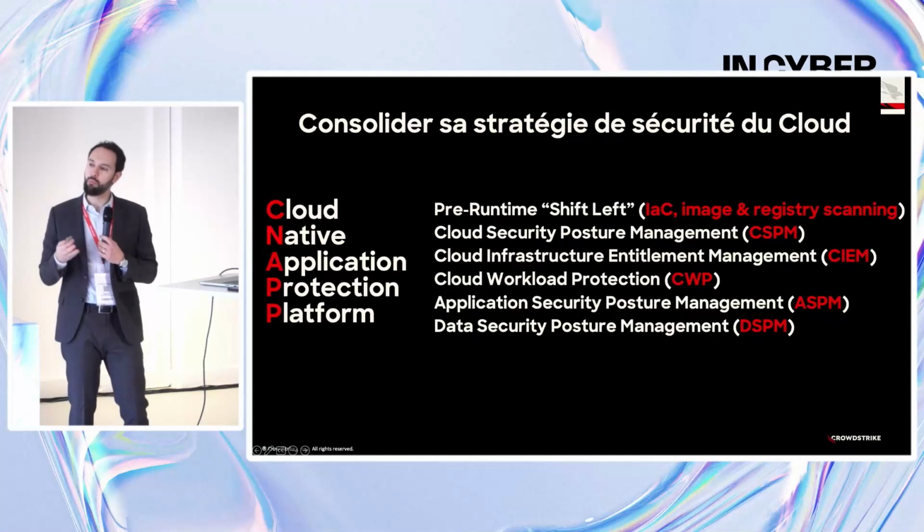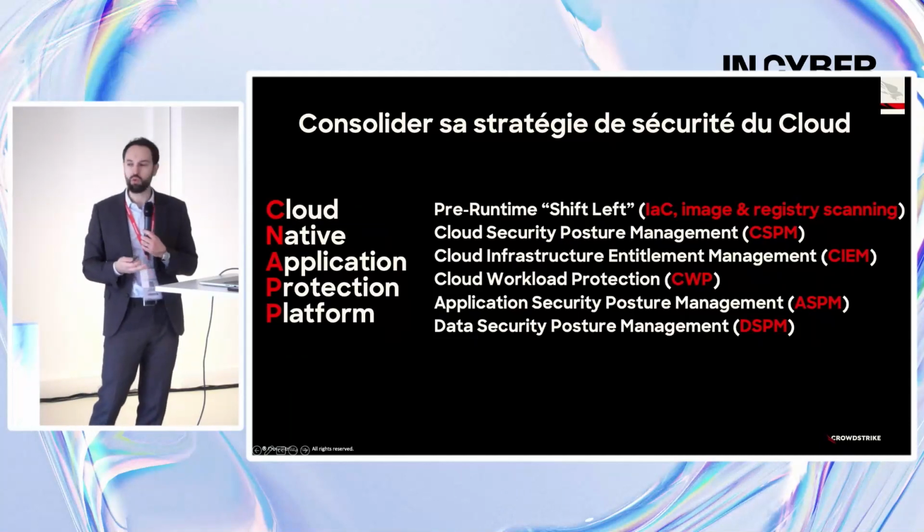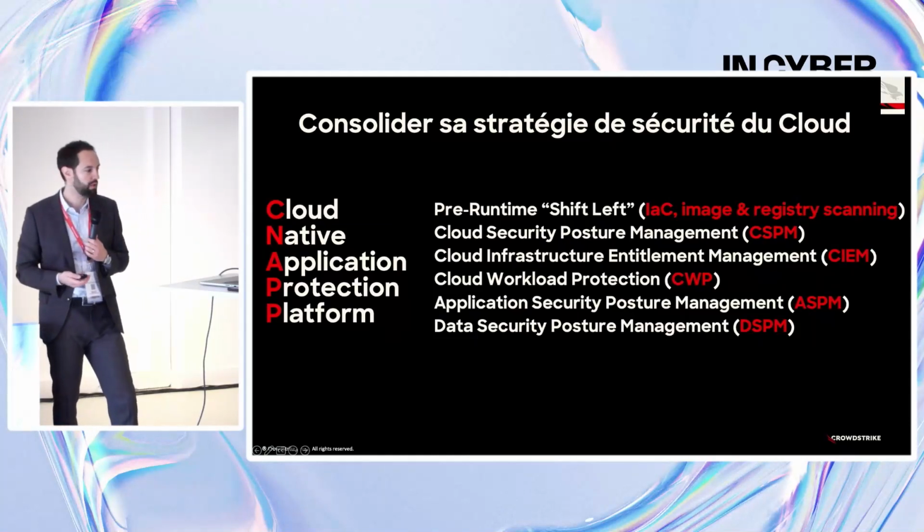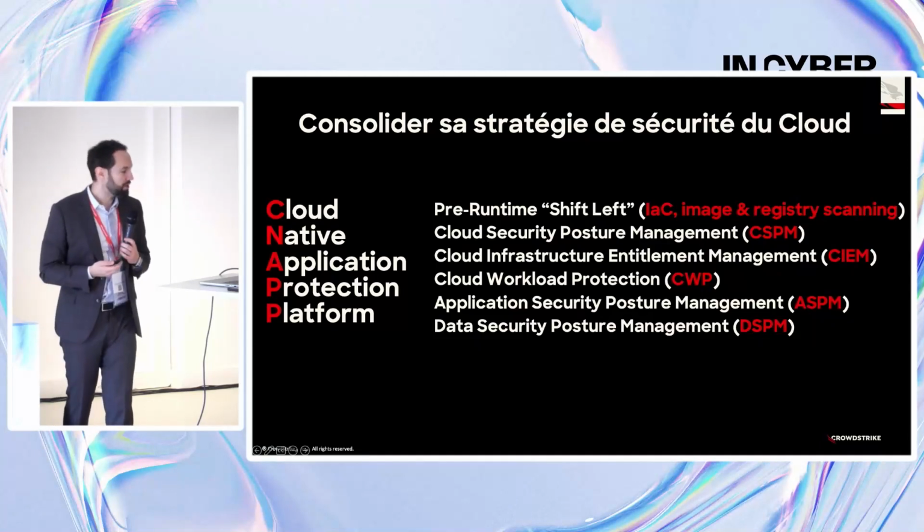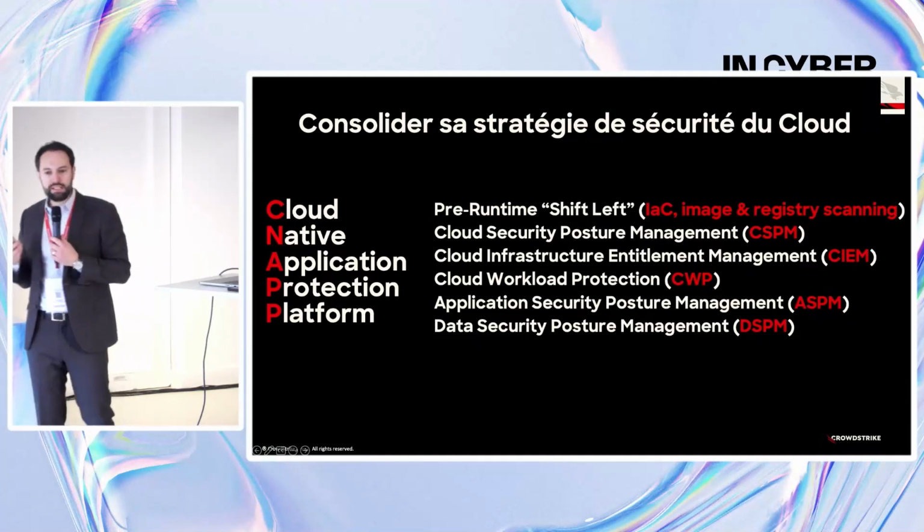And they don't really list all of what you will find in terms of solutions, but our vision in CrowdStrike is to have part of the solution and consolidate this approach, and to have at least 6 main categories to cover to have a good cloud protection.